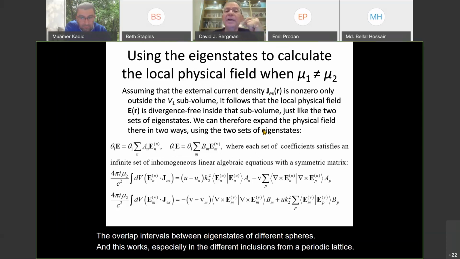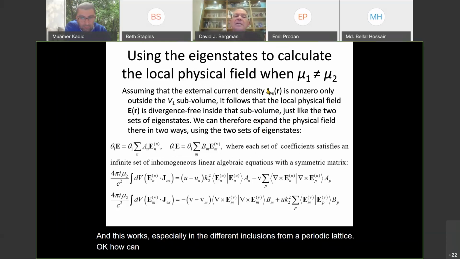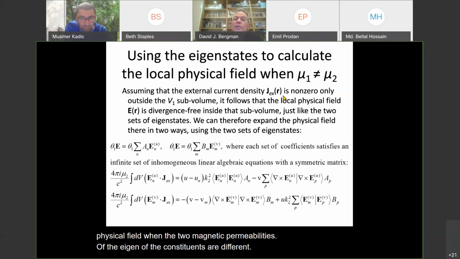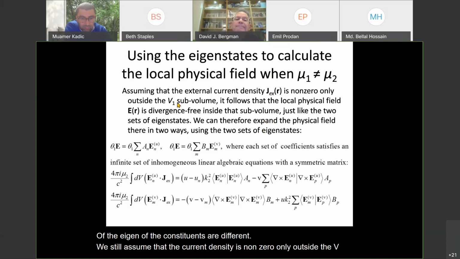Okay, how can we now extend this to use the eigenstates to calculate the local physical field when the two magnetic permeabilities of the constituents are different? We still assume that the current density is non-zero only outside the V1 subvolume.